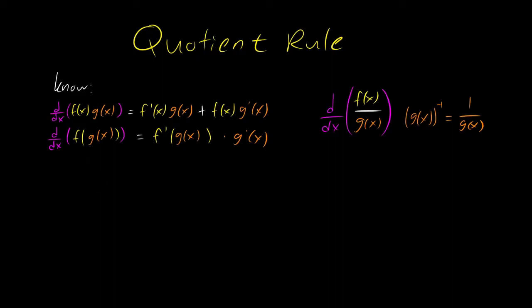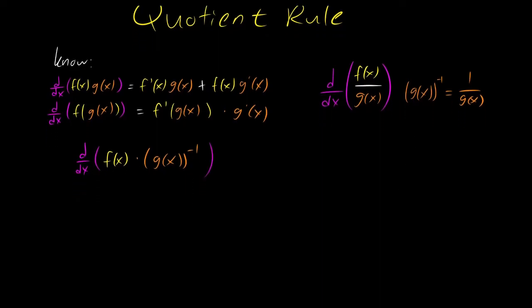If we want to find a derivative of that, we get f of x times g of x to the power of -1, and we want to find a derivative of this. Okay, so let's use the product rule.